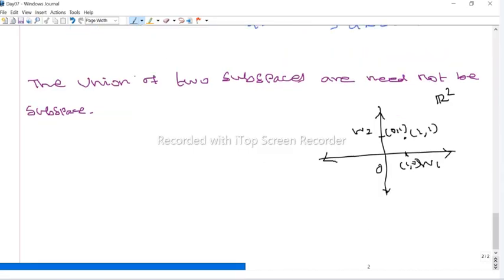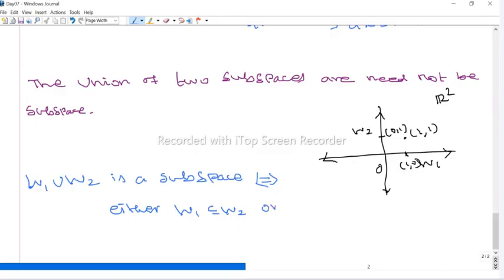That is the only possibility. So W1 union W2 is a subspace if and only if either W1 is contained in W2 or W2 is contained in W1.